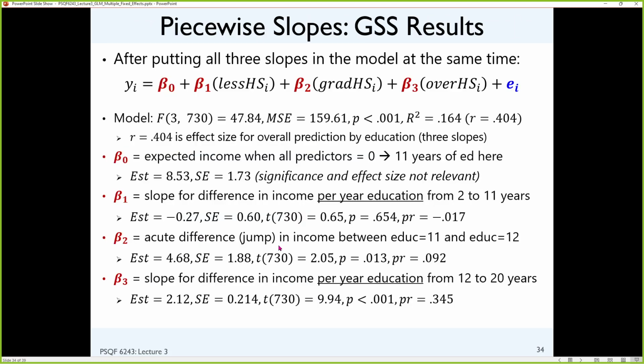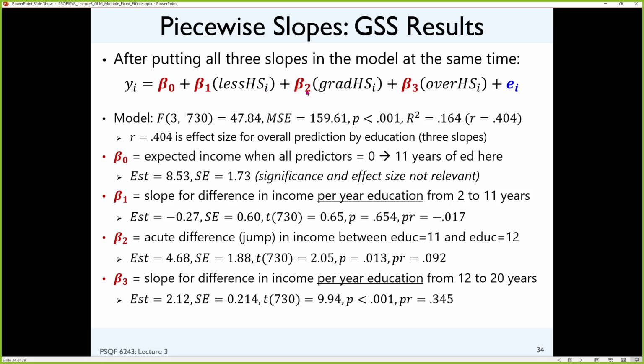Okay. So here's what we found, and then I'll show you how to make the program figure this stuff out for us. So the model looks like this. I have 3 slopes. Beta 0 is my fixed intercept. Beta 1 is the slope for a 1-unit increase in education up to 11th grade.